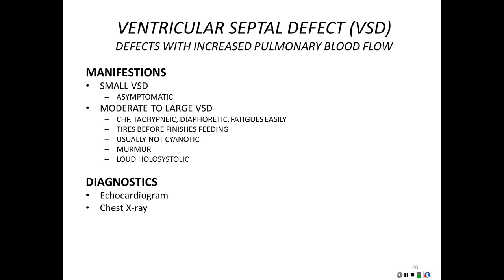Now, if that VSD is large enough and this child is having significant symptoms, which typically are related to congestive heart failure, then we need to look at doing surgery on these children. Typically with these large VSDs, we're going to see the CHF, the tachypnea, the diaphoresis.